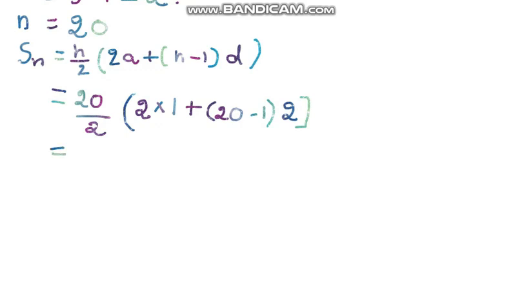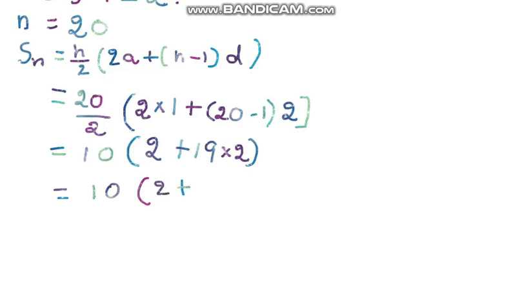When you divide 20 by 2, you will get 10. Now simplify this. 2 ones are 2, plus 20 minus 1 is 19, 19 into 2 is 38, and 2 plus 38 is 40, and 10 into 40 is equal to 400.